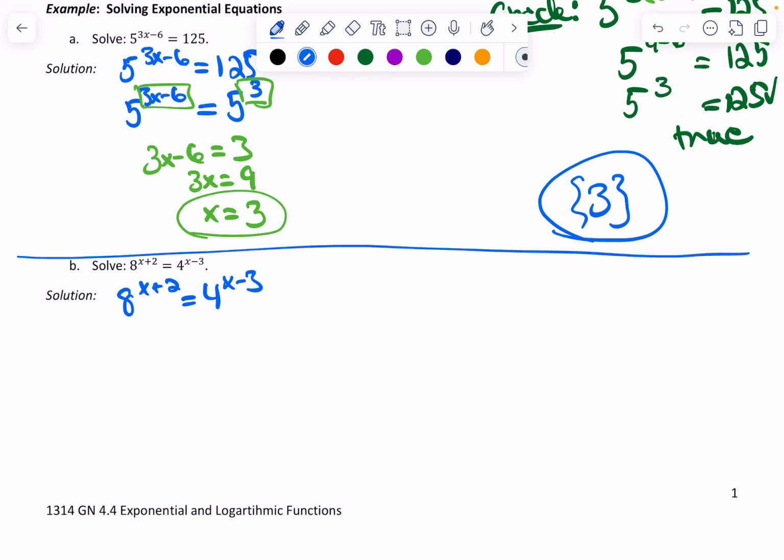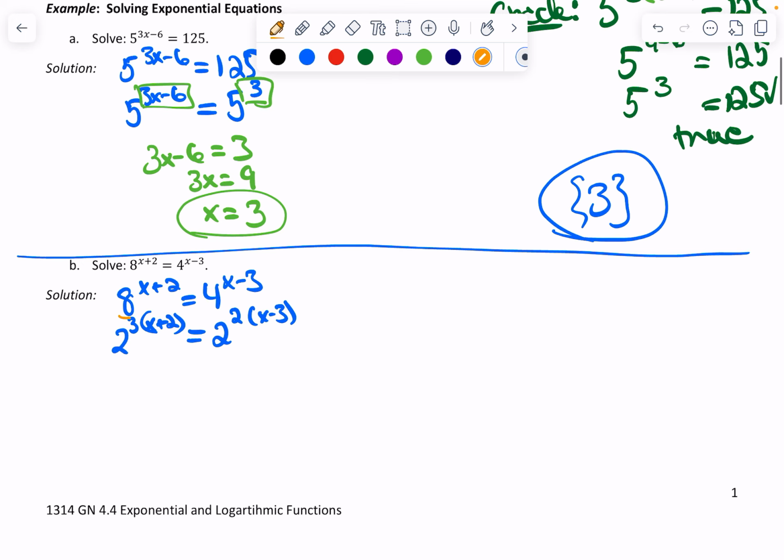Well, we can't make 8 become base 4, so we're going to have to go even further down, and both can be written as base 2, right? 4 is 2 to the power of 2, and then we still have x minus 3 over here. 8 with base 2 is the same thing as 2 to the power of 3, and we need the x plus 2 still in the exponent because that was in the original exponent.